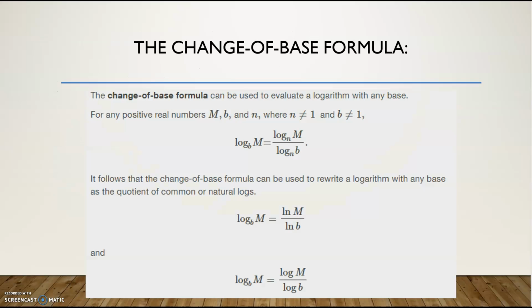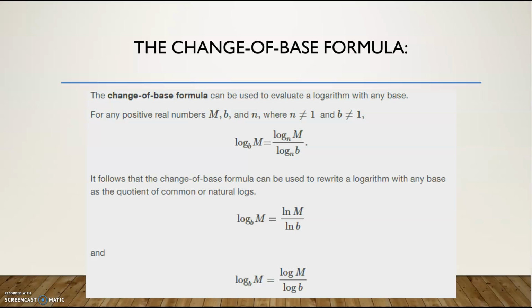Now let's talk about the change of base formula. On your calculator you have natural log and you have log, so that would be base 10 and base e. But we don't have a calculator function for, say, log base 2, 3, 4, 5. So in order to use this on our calculator, we can use the change of base formula.